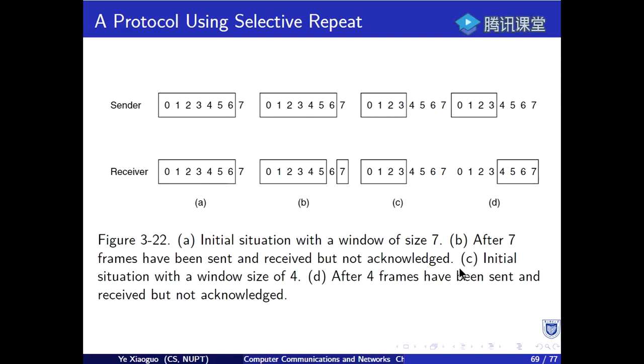Subfigure B shows that after 7 frames have been sent and received, but not acknowledged. Subfigure C shows the initial situation with a window size of 4. D shows after 4 frames have been sent and received, but not acknowledged.